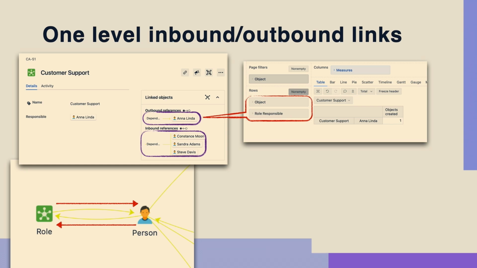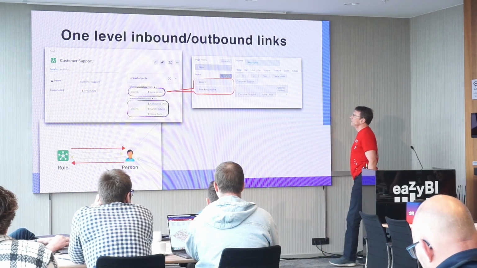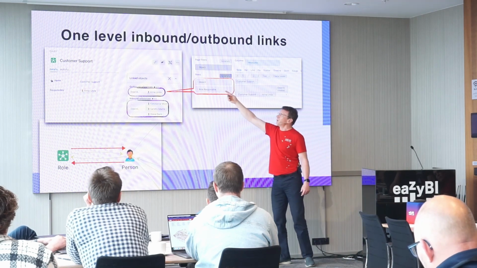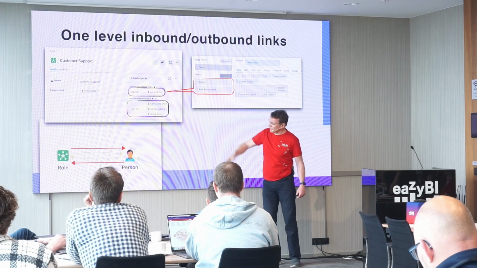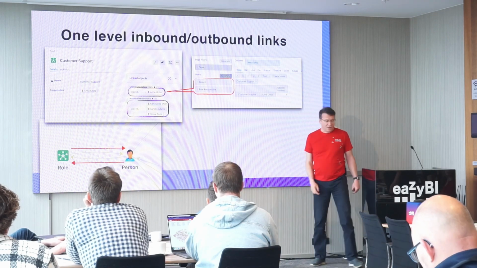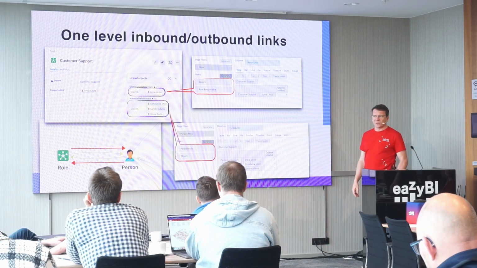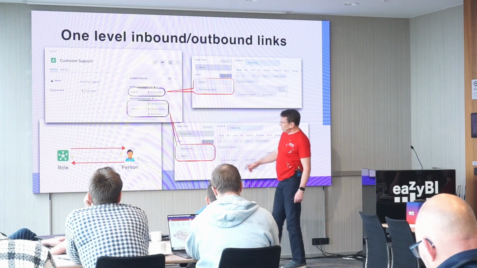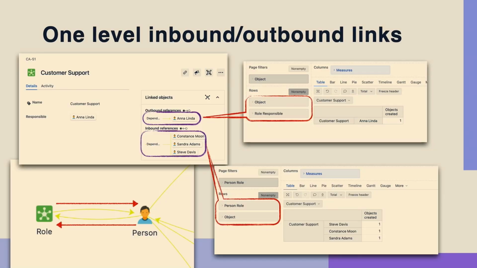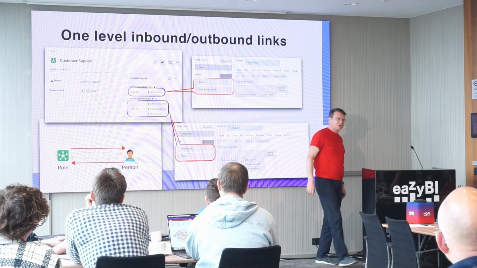For outbound links, you can put object, select a specific object, I selected one to make it cleaner, and join with this outbound link dimension role responsible. Person role responsible is a person, and we can do inbound links the other way around. We put person's role, which is the link that is inbound for role, and join it with object, which is now a second dimension here.